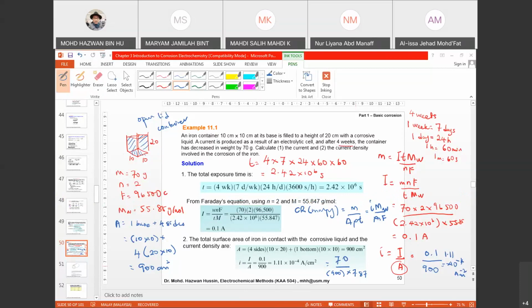Okay. And Nazira ada try ke? Sama dengan Liana. Okay, so 900, we just try again. 900 multiplied with the density, 7.87, multiplied with the time. Time is equal to 2.4 times 10 power of 6.